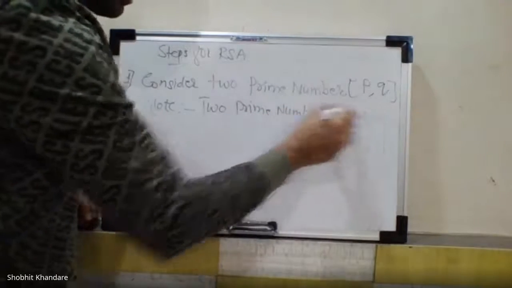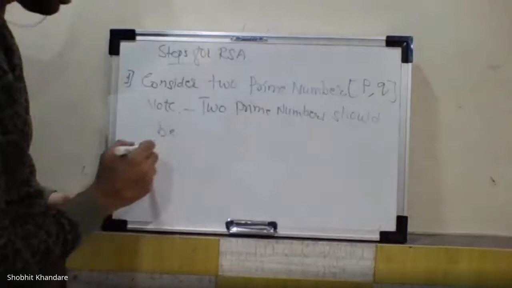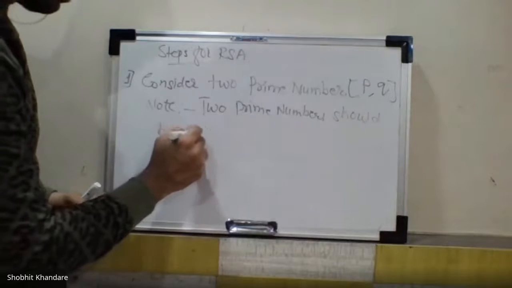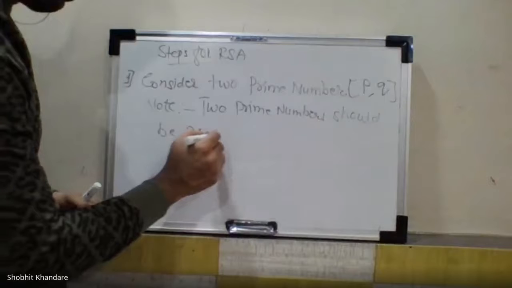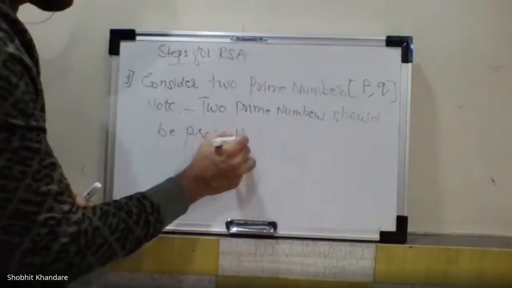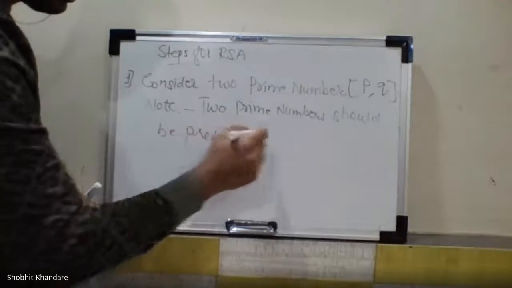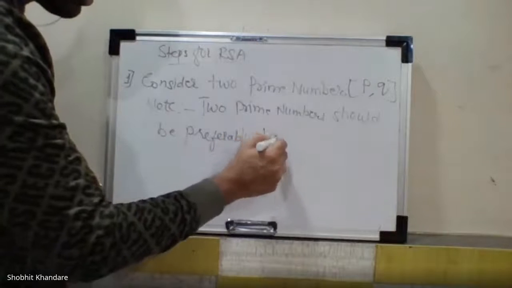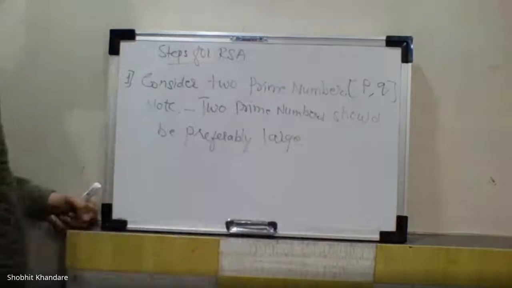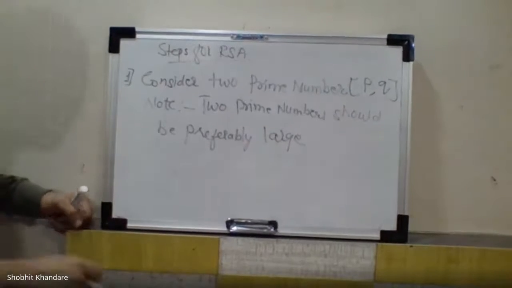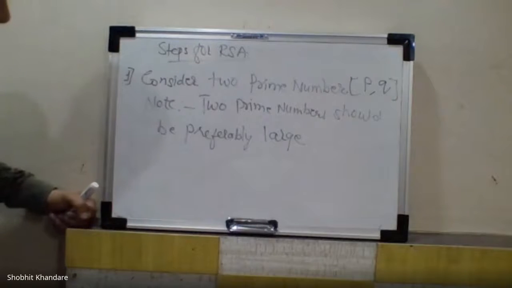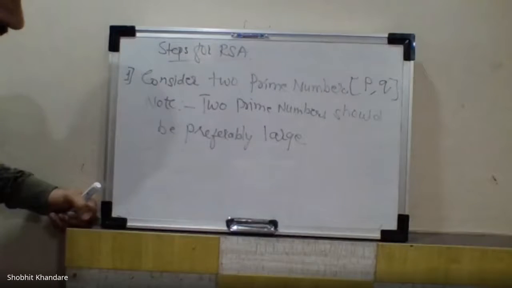Two prime numbers should be preferably large. Two prime numbers should be preferably large.